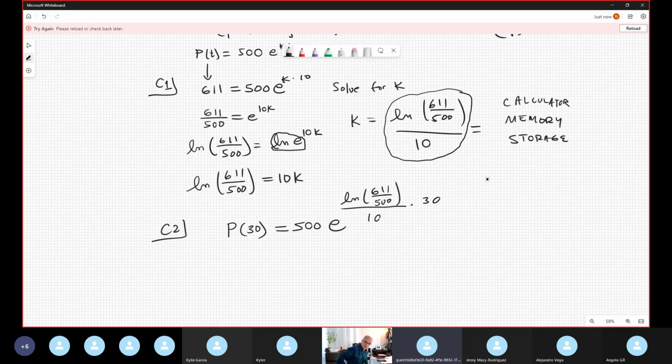Okay, now it can be simplified, why not? This is P30 equal to 500 exponential of the natural logarithm of 611 over 500, times just 3, because 30 divided by 10 is 3.